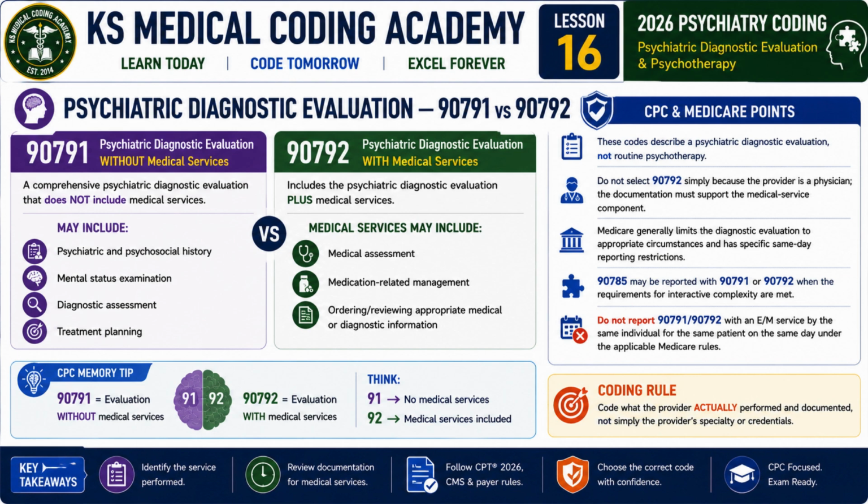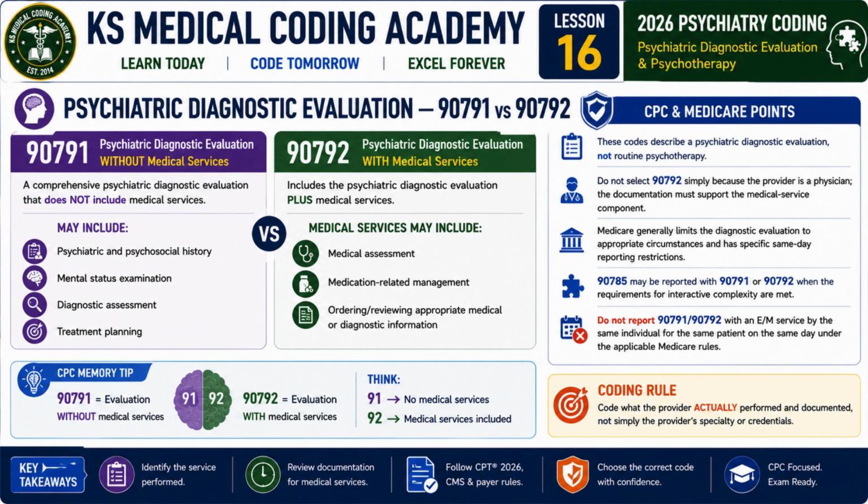For CPC exam questions, remember this simple distinction: 90791, without medical services. 90792, with medical services. Do not choose 90792 simply because the provider is a physician. The code selection should be based on the service actually performed and documented. Also remember that 90785, the interactive complexity add-on code, may be reported with 90791 or 90792 when its specific requirements are met.